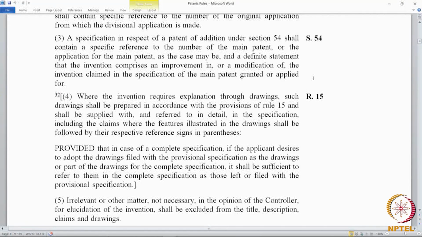That is what the provision allows you to do. In case you filed a provisional with some drawings, you could cross reference them in the complete because they have been already filed and are already on record, and there is no need to file those drawings separately. This is what the proviso provides for.